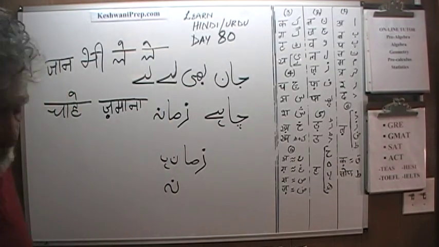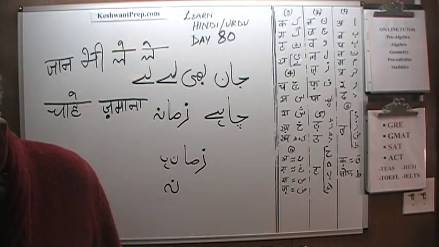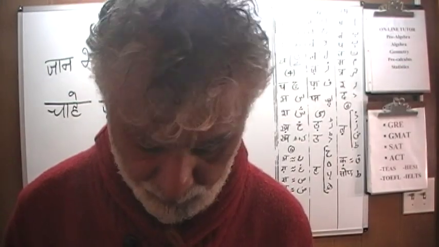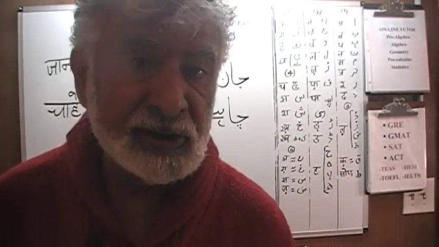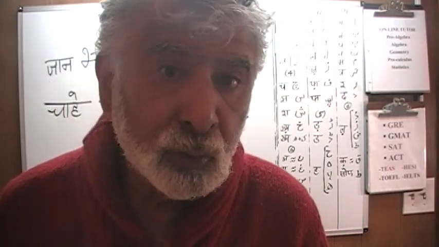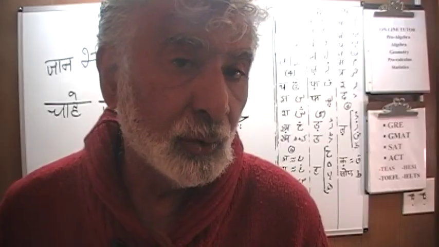Jaan bhi le le, chahe zamana. Zamana means world. He says, I don't care if the world takes my life from me. And when she says world, of course she's talking to the emperor. She does not just say jaan bhi le le, chahe tu. She does not address him directly, tu or tum or aap.